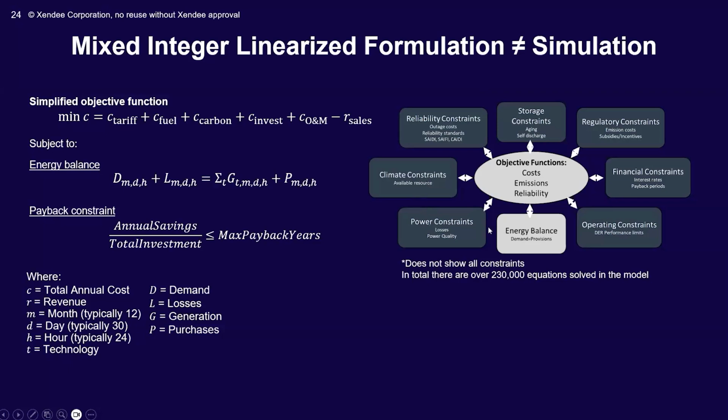So let's say you have a constraint on the point of common coupling which doesn't allow you to purchase more energy than, let's say, 100 kilowatts, but your demand is 200 kilowatts, and you're not allowing any technology investment, then you will get an infeasibility. And I think I also saw an email around this yesterday. This is where we can help you, but it can be a little bit tricky if you set some of these constraints in a way that the algorithm has no way to solve this for you. That's basically what it means when we get an infeasibility.